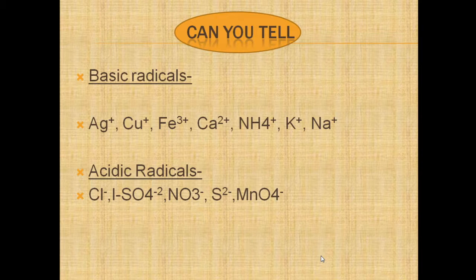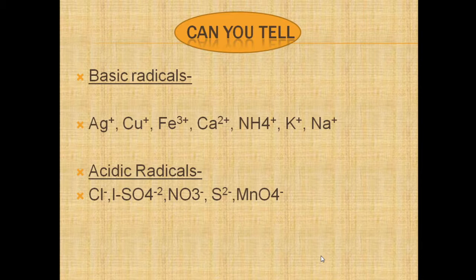Can you tell basic radicals and acidic radicals? In your textbook, page number 55, which are the basic radicals and which are the acidic radicals among the following? यह जो क्वेश्चन है, जो पॉजिटिव चार्ज है वो रहते हैं बेसिक रेडिकल्स. तो उसमें पॉजिटिव चार्ज है Ag+, Cu+, Fe3+, Ca2+, NH4+, K+, Na+.